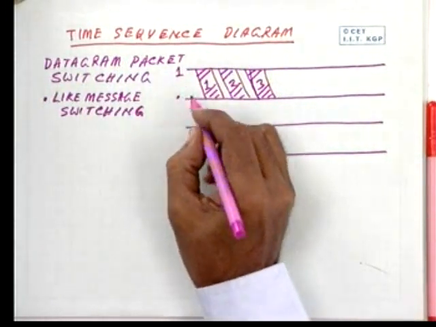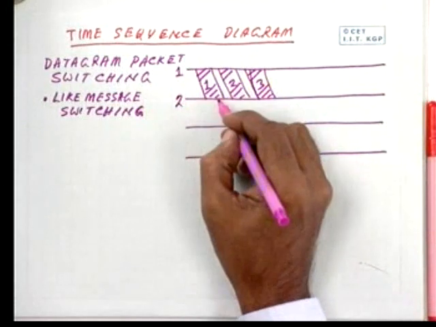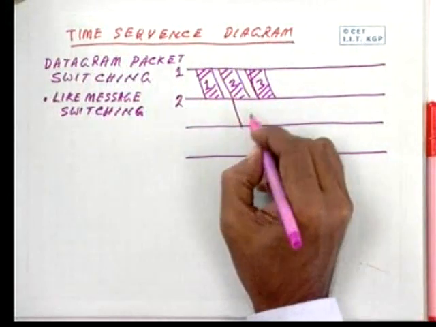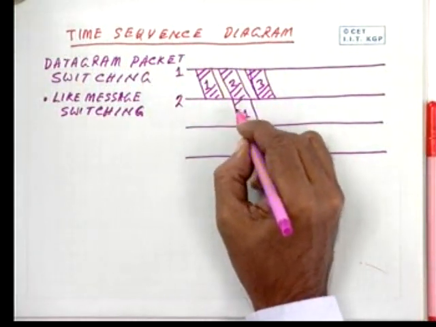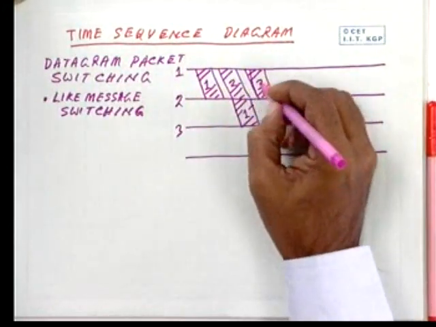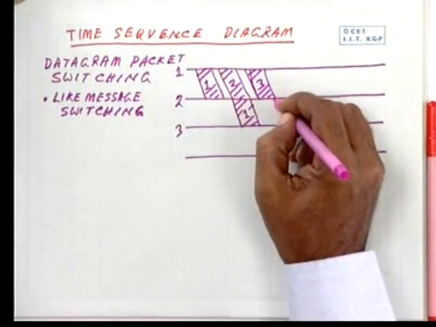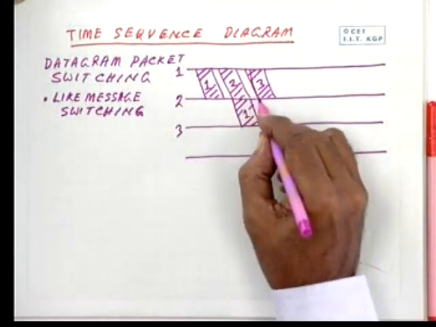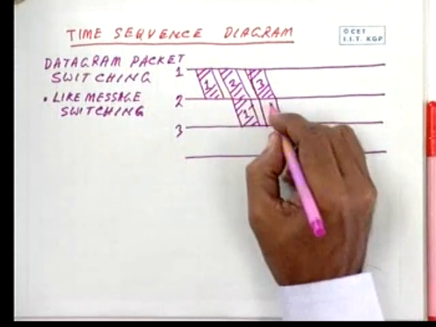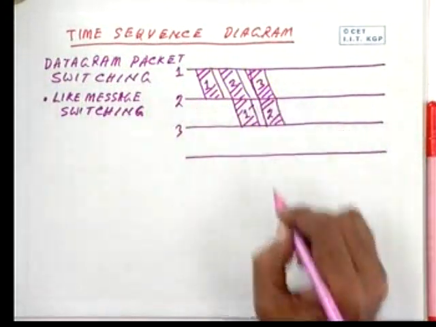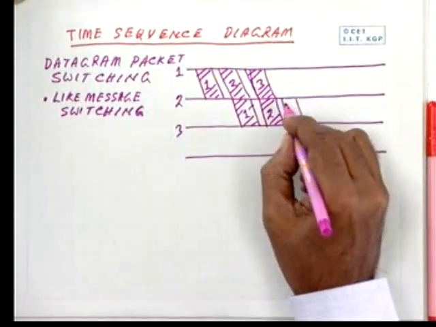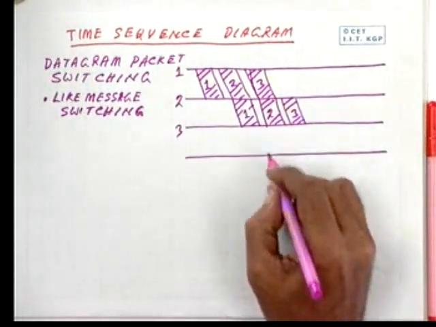So this is from node 1 to node 2. By the time you are sending packet 2 from 1 to 2, node 2 can send packet 1 from node 2 to node 3. And by the time you are sending packet 3 from node 1 to 2, you can send packet 2, which has already been received by node 2, from node 2 to node 3. So in this way, the packets are sent in store and forward manner.